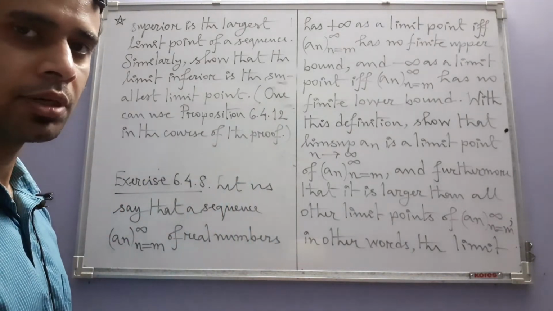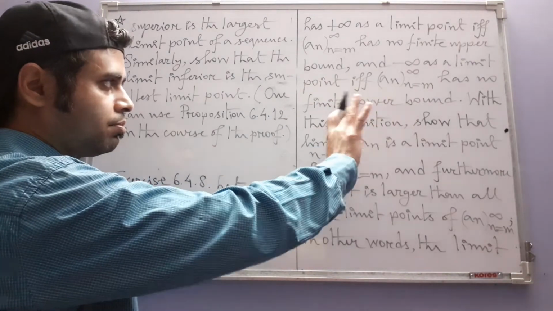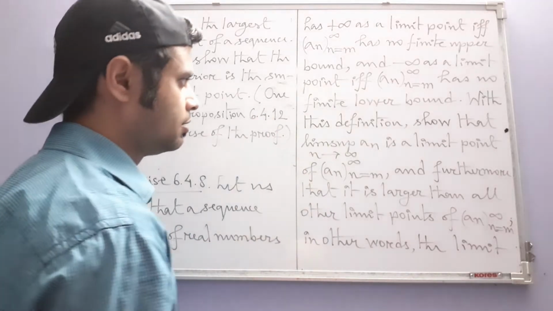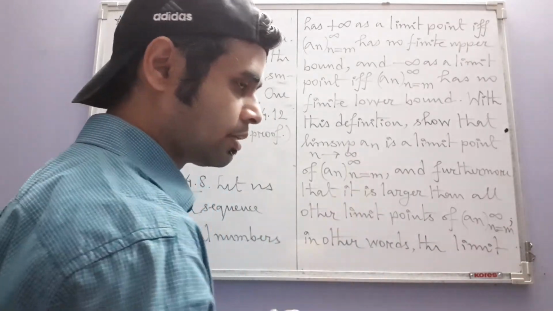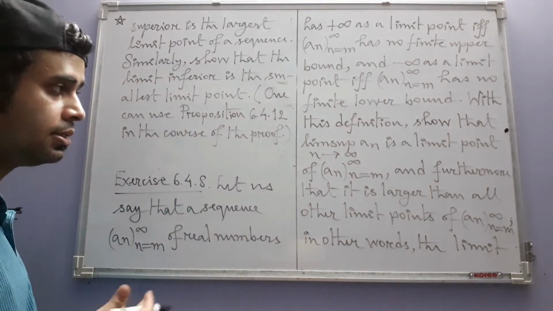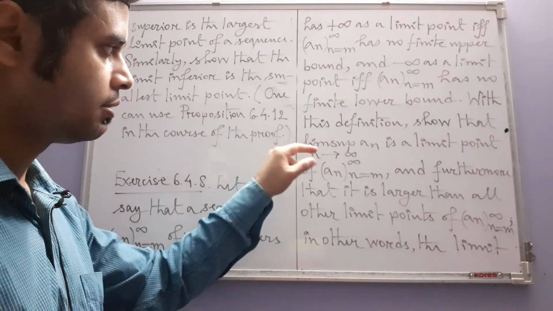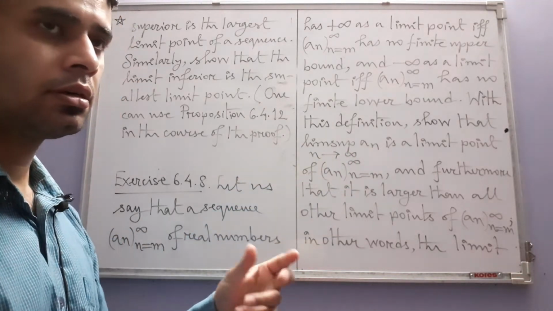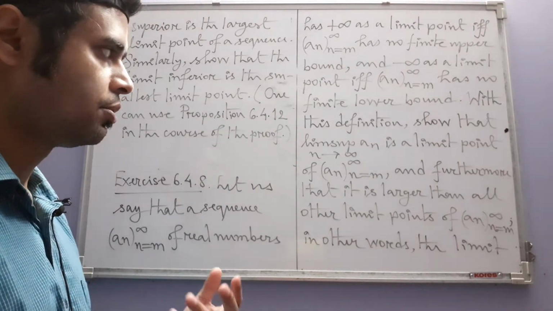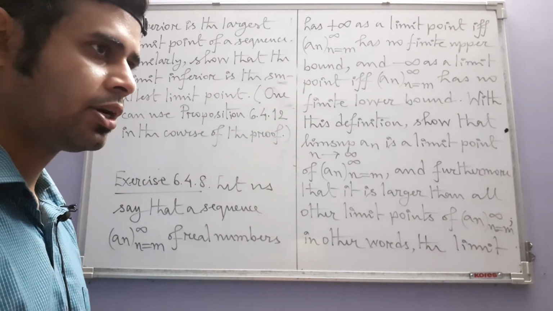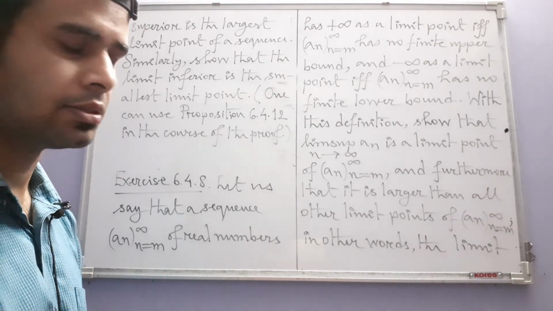Okay, there are a number of things here. This portion we have seen. Now what we are saying with this definition, show that the limit superior, the upper limit of the sequence, is the limit point of the original sequence. Note that this is an extension of one of the parts of proposition 6.4.12, where we say that the upper limit when it is finite is a limit point of the sequence.